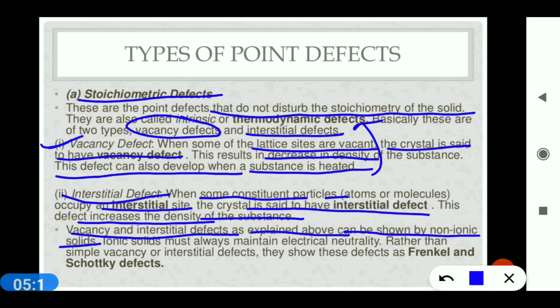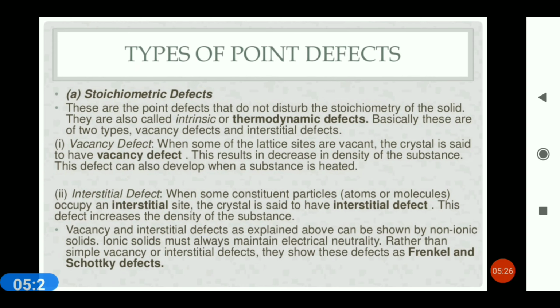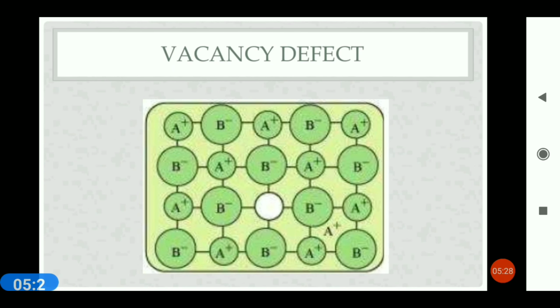Vacancy and interstitial defects, as explained above, can be shown by the non-ionic solids, as I told you. If the vacancy and interstitial defects are present in the ionic solids, we call them Schottky defect and Frankel defect. Let's see the diagrams. When you see the vacancy defect, you can see here easily that one of the particles is missing, so a vacancy is created.